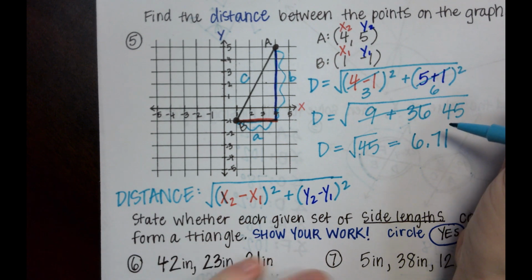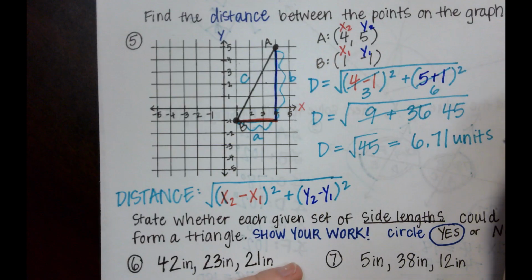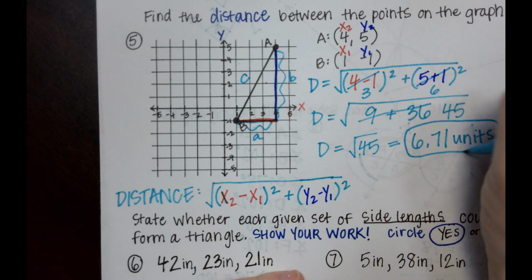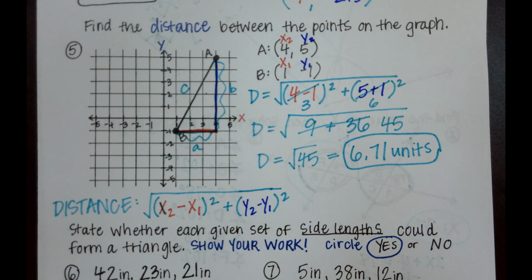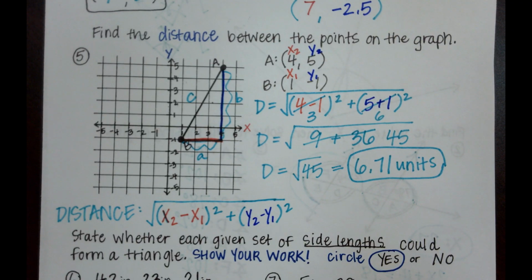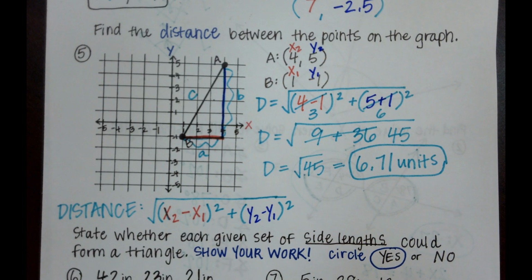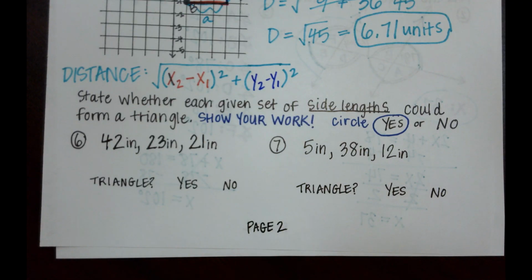And there's no measurements, so we'll just say units. 6.71 units. And that is our distance. Perfect. Okay, we have officially completed our Unit 1 part of the final. Now we're on to Unit 2, which is triangles.